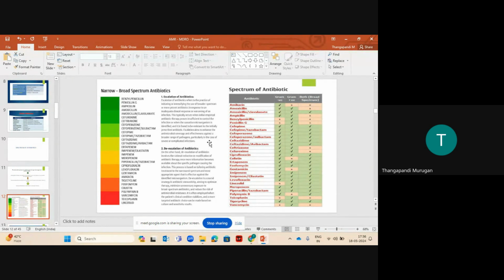Here you can see the other side of the slide.